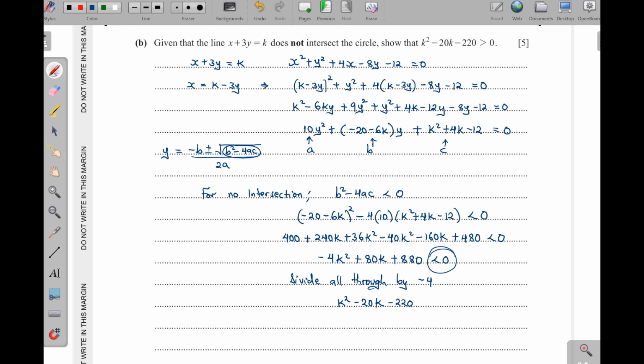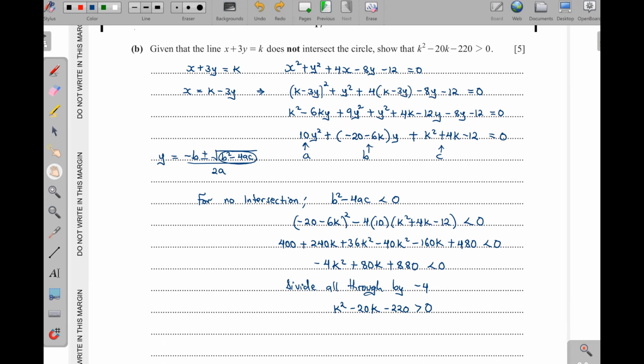And when you divide an inequality by a negative value, or multiply all through by a negative value, the inequality sign changes. So this will change to greater than 0. The inequality we have gotten here is exactly what they told us to find. You see that? So this is our answer here.